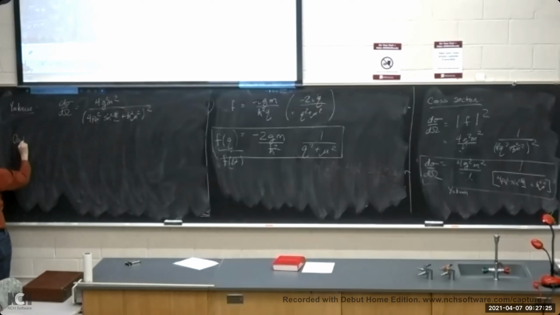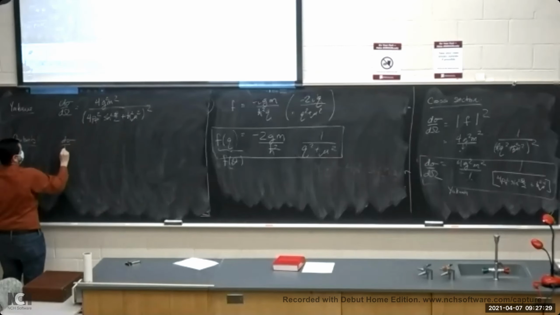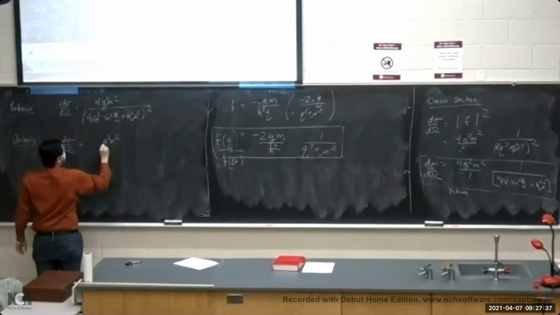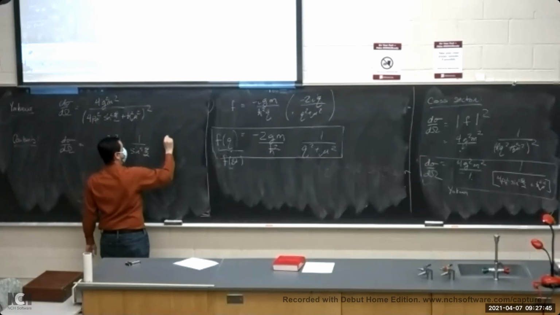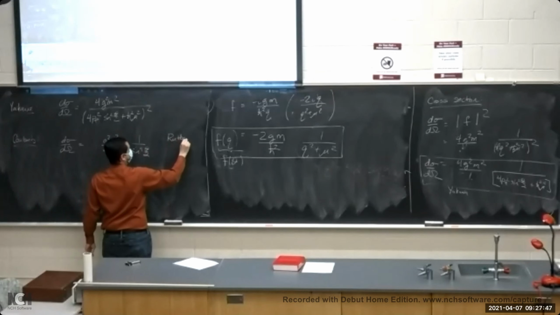For the Coulomb potential, d sigma d omega will just give me, let's see, 4 over 16, so I'm going to get G squared M squared over 4 p_F squared, times 1 over sine to the 4th of theta over 2. This goes by the name of the Rutherford cross section.